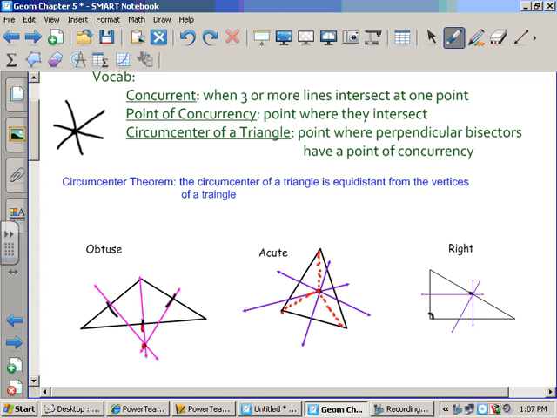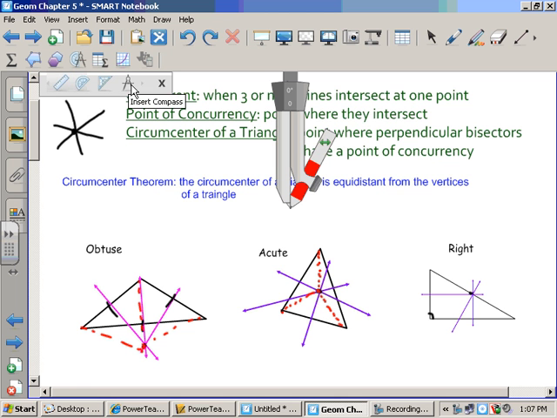So from here to there, from here to there, from here to there. That's all equal. Okay? And so when you find the point of concurrency, it's equidistant to each of the three vertices of the triangle.